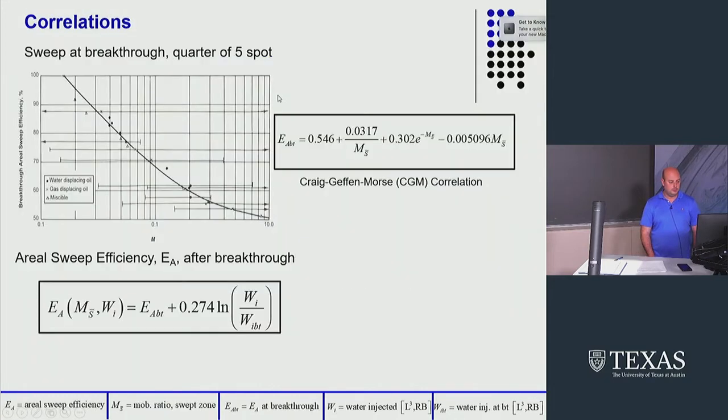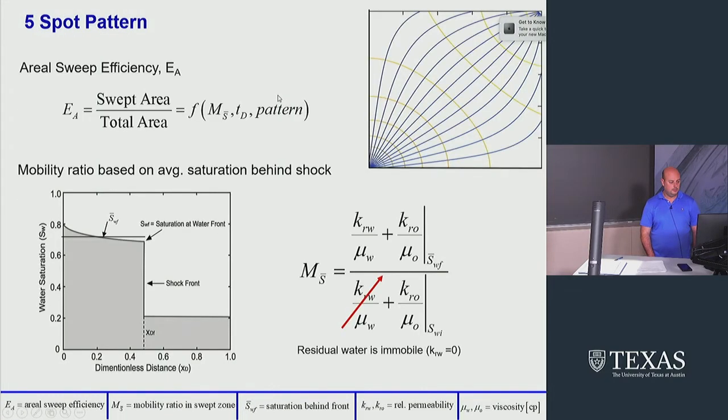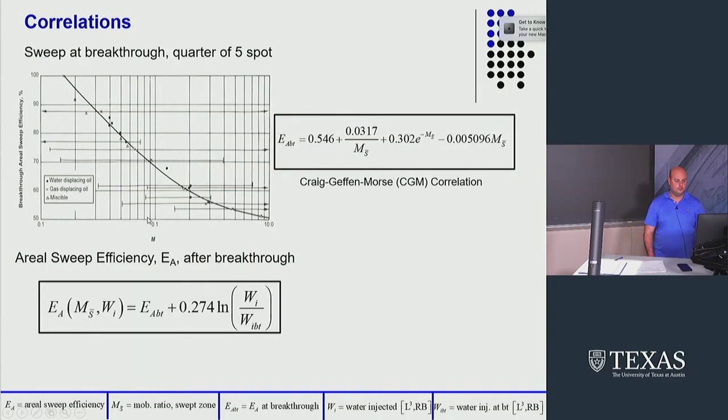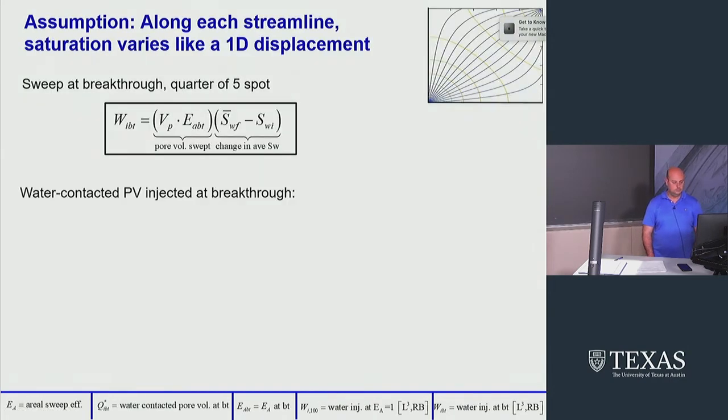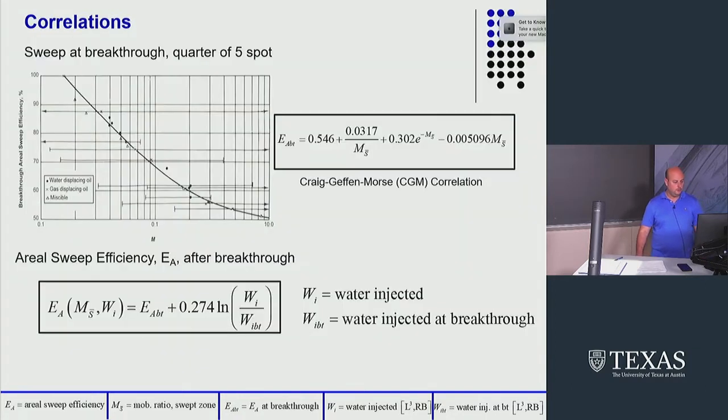It was this number here. We had a formula for that. And SWI is the initial water saturation. So now we have everything we need to calculate the areal sweep efficiency. We've got WiBT, we've got EABT, which was calculated, the mobility ratio we calculated, and we can plug it in this formula and get EA.